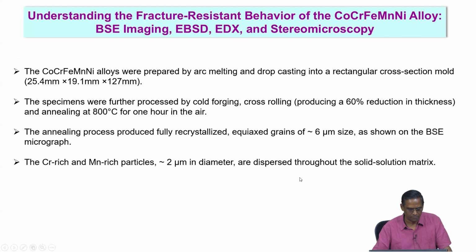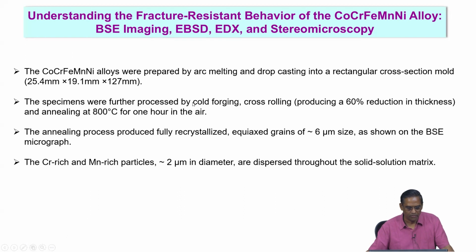Let us see what we see. Of course, there's some information about this alloy's preparation. This cobalt, chromium, iron, manganese, nickel alloy was prepared by arc melting and drop casting into a rectangular cross section mold of this dimension.